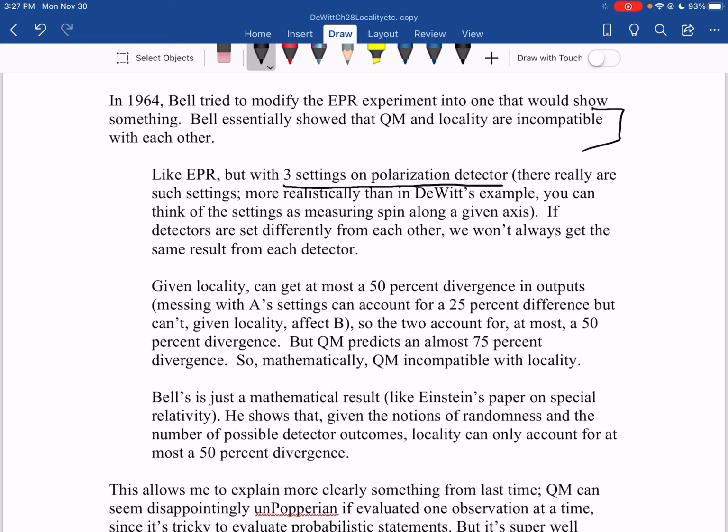It's 50% chance of an up detection, 50% chance of a down detection, 100% chance that if the particle you shoot off to the right is detected up, the one that you shot off to the left will be detected up. That is provided that your detectors are identically configured. But you could set your detectors differently from one another on purpose so as to get divergent results.